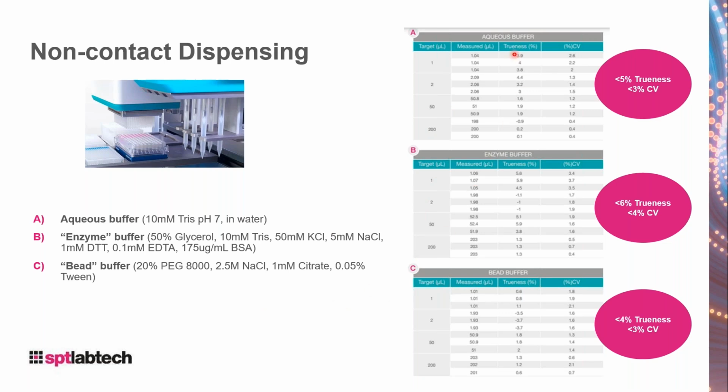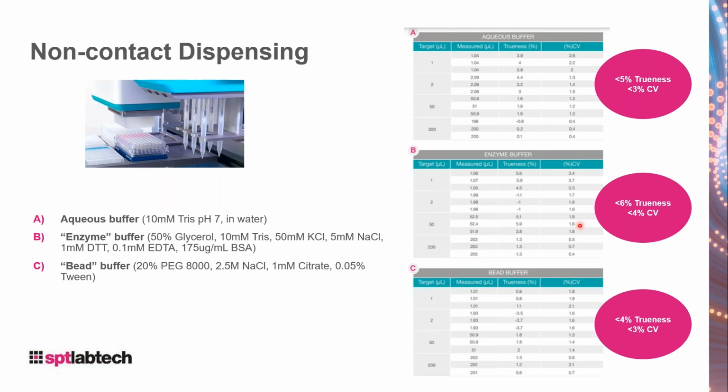And this way we determined the actual measured volume for each dispense. And then in the same way as before, we calculated the trueness, so how close this measured volume was to the target. And we could also calculate the variation in the dispense volume by calculating a percent CV.